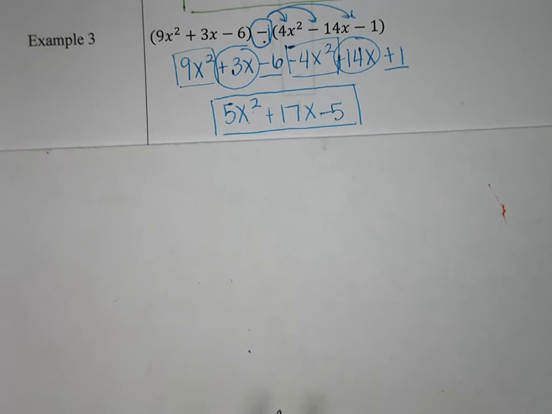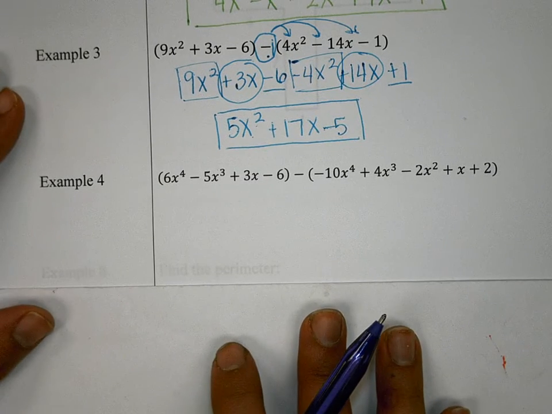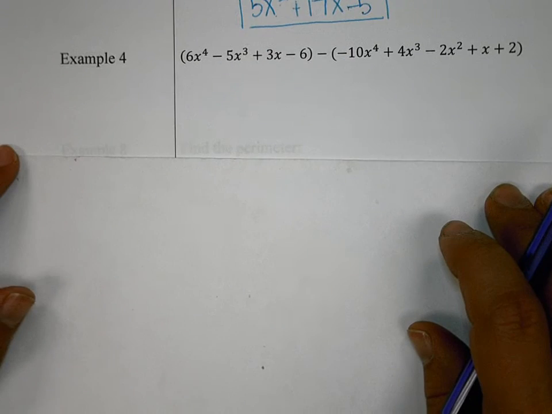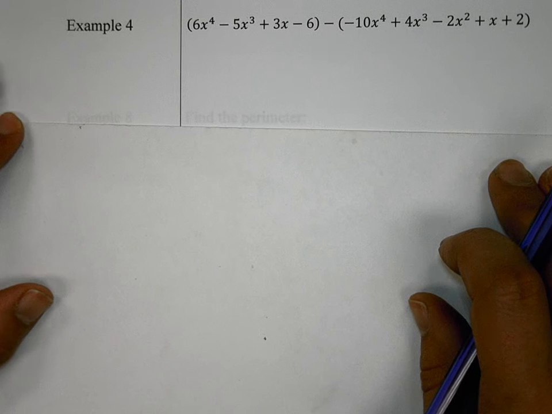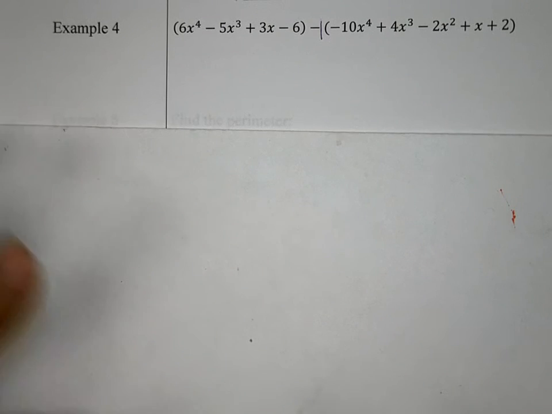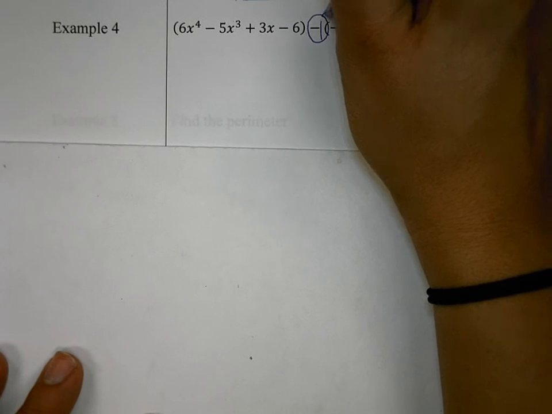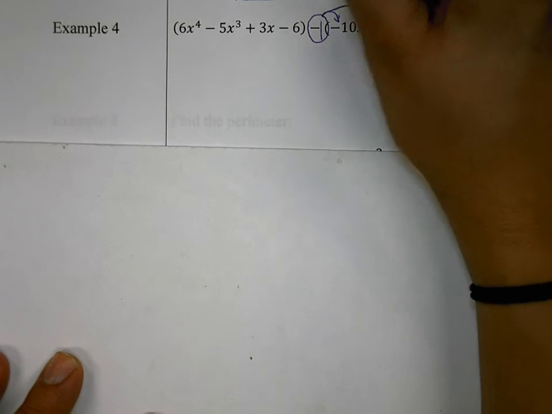So example 4 is the same as example 2, but this time we're going to be subtracting. So I have that invisible negative 1 here. So I'm going to distribute the negative 1 into the parentheses.